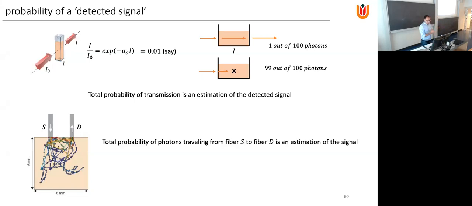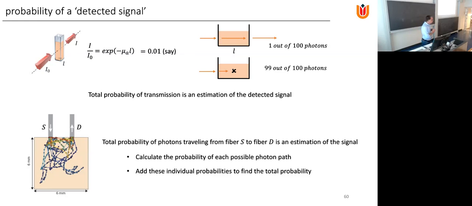The idea of the Monte Carlo simulation is then to calculate the total probability of photons traveling from fiber S through to fiber D as an estimation of the signal that I would get. So if I can calculate that probability, then I can estimate my signal. And that requires me to calculate the probability of each possible photon path, and then add these individual probabilities to find the total probability that estimates my signal.